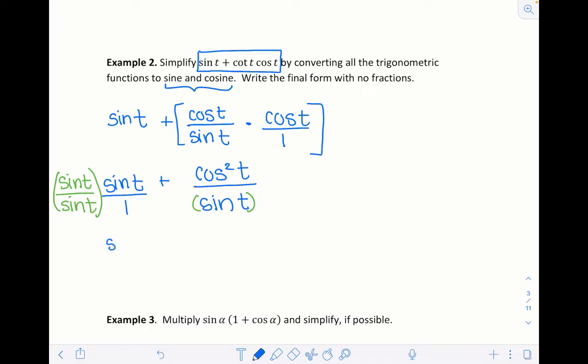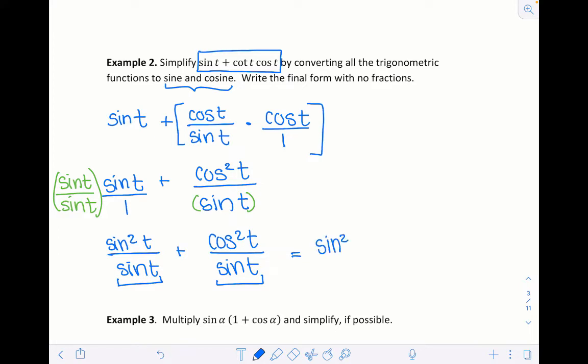So that fraction becomes sine squared of t over sine of t plus cosine squared of t over sine of t. And again, another rule from algebra is that I've got 2 fractions here with the same denominator, which means I can combine the numerators together. Sine squared t plus cosine squared t over sine. So I've simplified it to a single fraction.